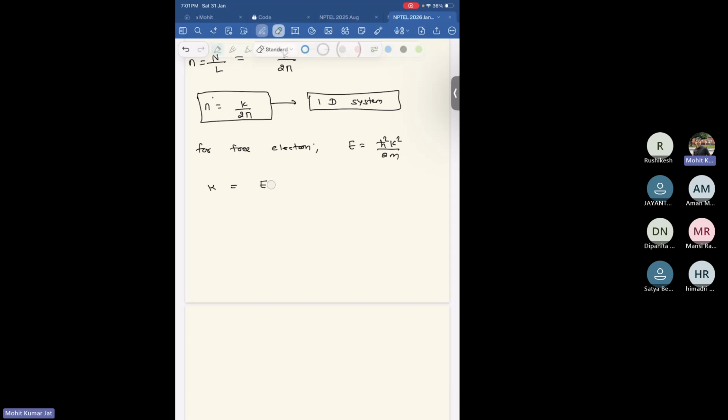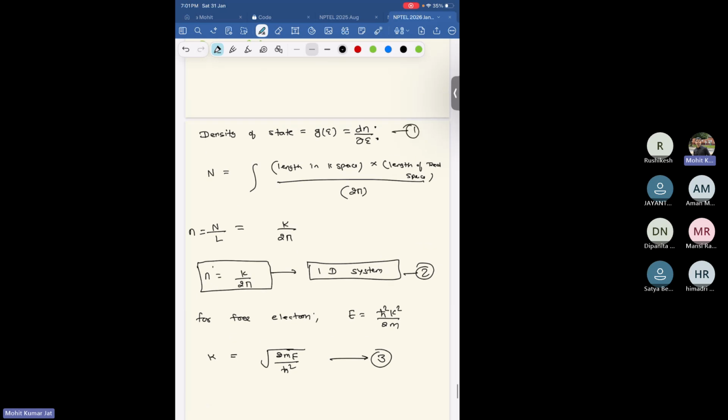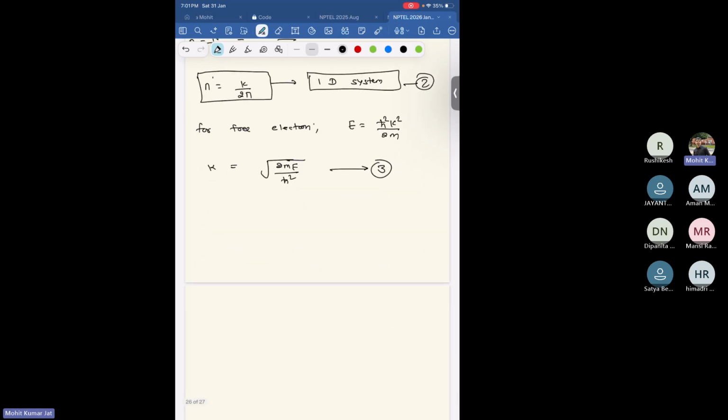Basically square root of 2mE by h bar square. So this is equation 3, this is equation 2, and this is your equation 1. So substituting equation 3 in 2 will give you n equals under root 2mE by h bar square, and then 2 pi.